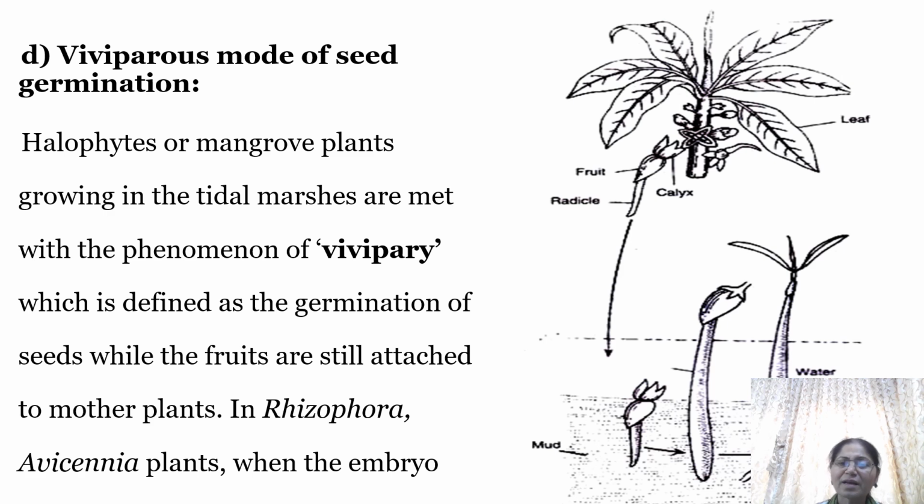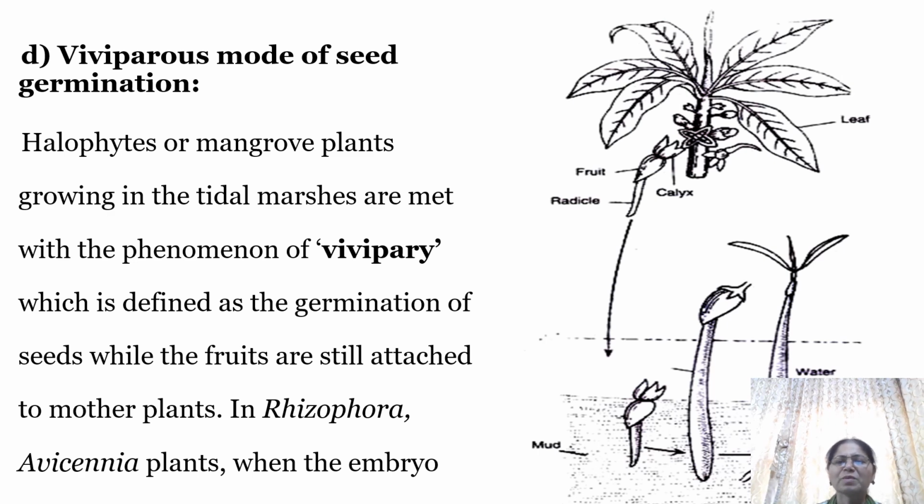So when a small part of the radicle has come out at this stage, the seed will fall on the ground, and the rest of the germination it will complete in that salt rich habitat.